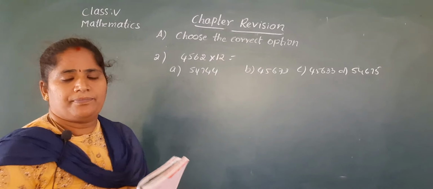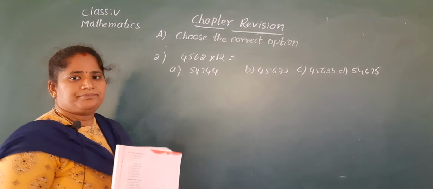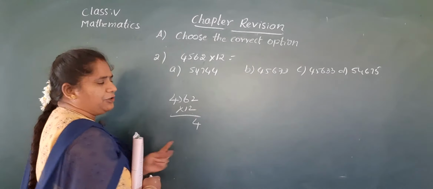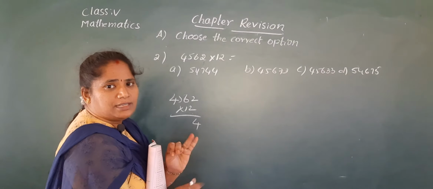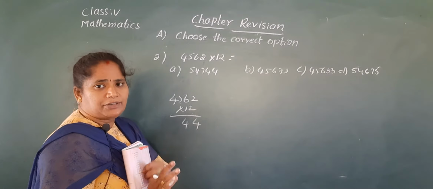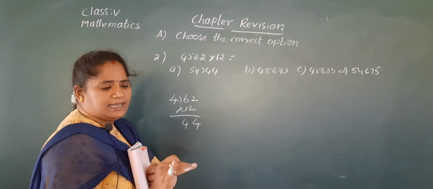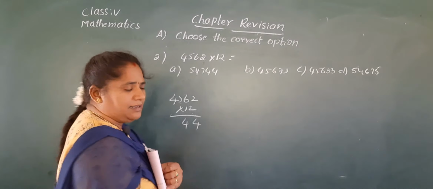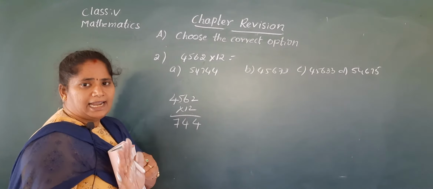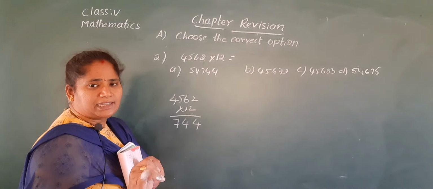See here. 12 2s are 24. 2 in hand, 4 is down. 12 6s are 72 plus 2, 73, 74. 7 in hand, 4 is down. 12 5s are 60, 61, 62, 63, 64, 65, 66, 67. 6 in hand, 7 is down. 12 4s are 48 plus 6, 49, 50, 51, 52, 53, 54.